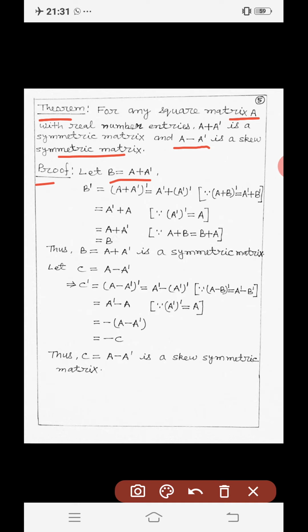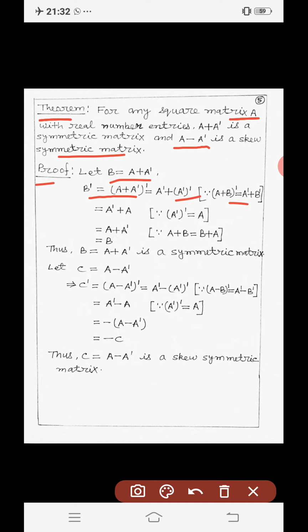Then B transpose equal to transpose of (A plus A transpose), and this is equal to A transpose plus transpose of A transpose. Here the reason given is (A plus B) whole transpose is equal to A transpose plus B transpose. That is related to the property of transpose of a matrix.